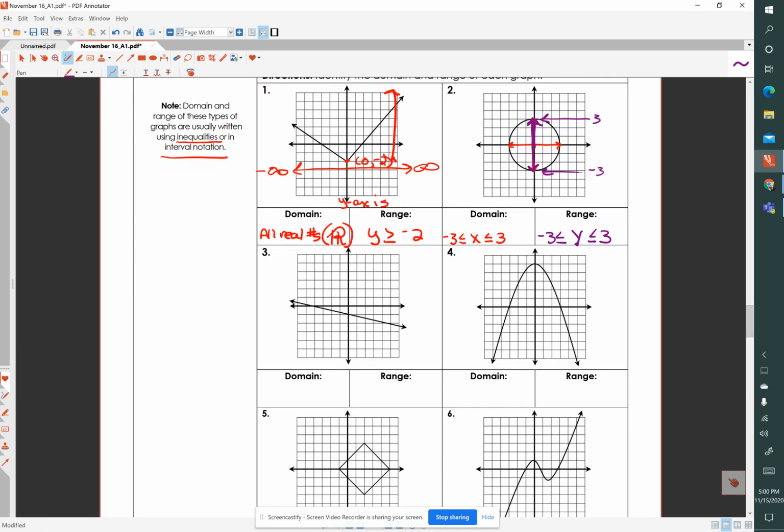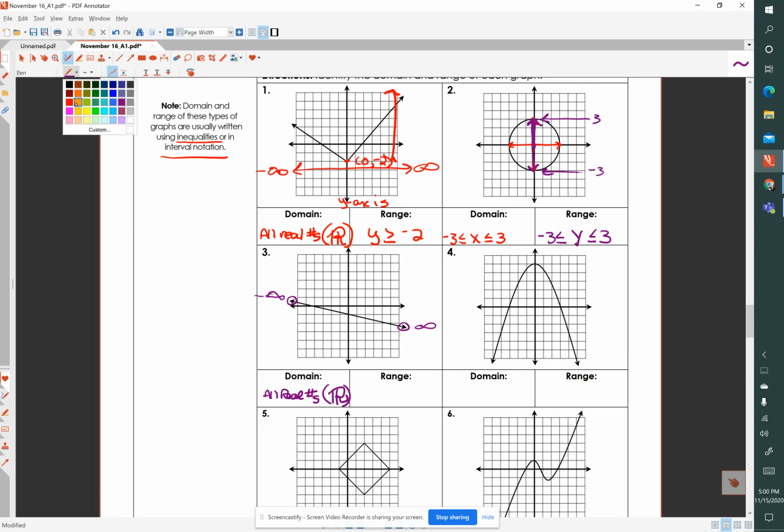So let's take a look at this next graph. We have an arrow on the end of the line, so we assume we're going to go all the way to -infinity and all the way to +infinity. So our domain here will be all real numbers. But our range, let's look at that.